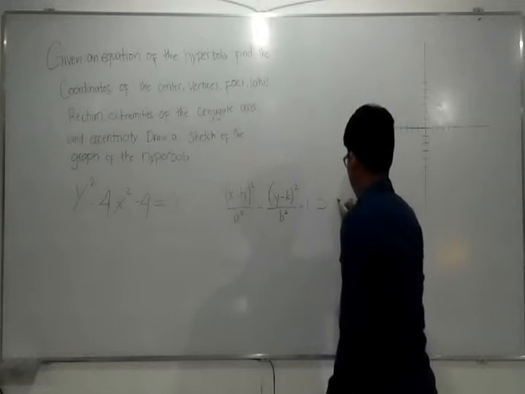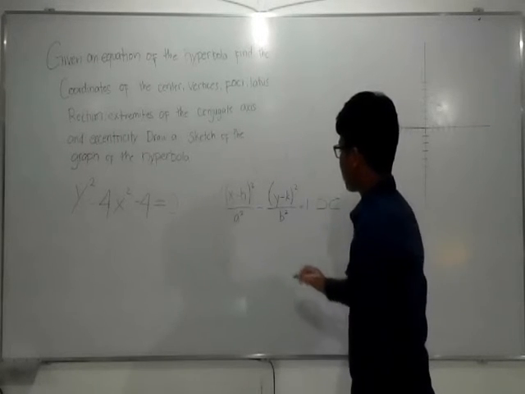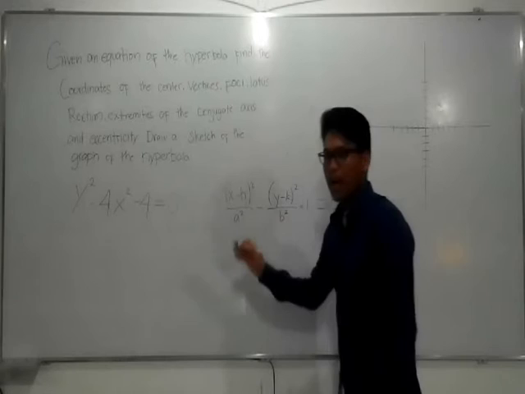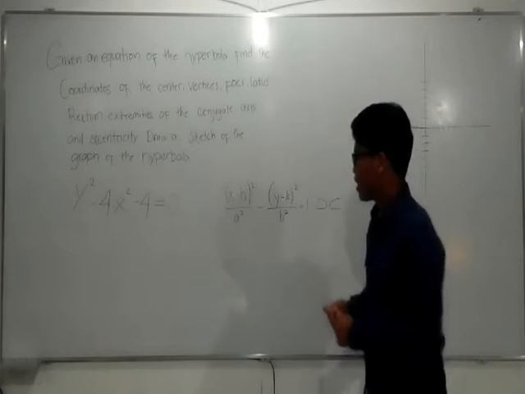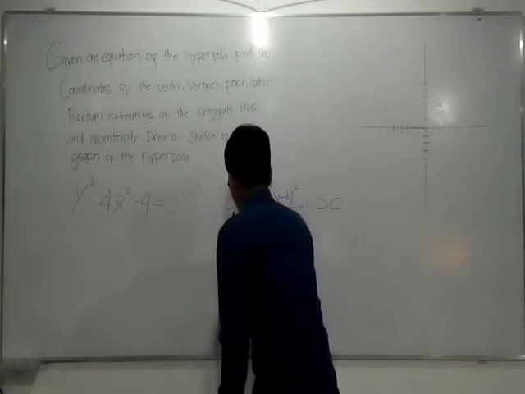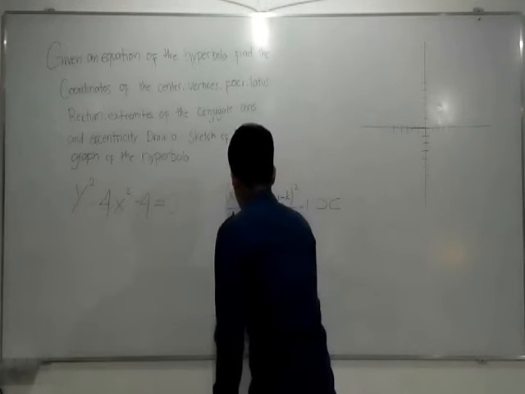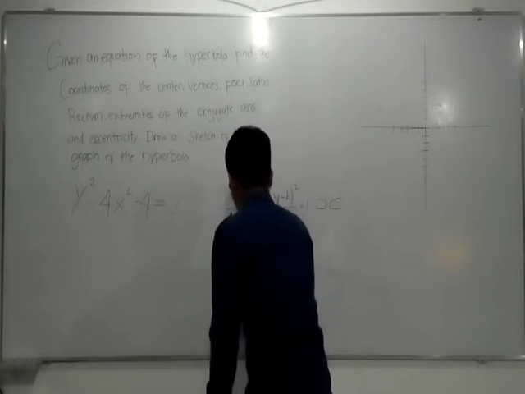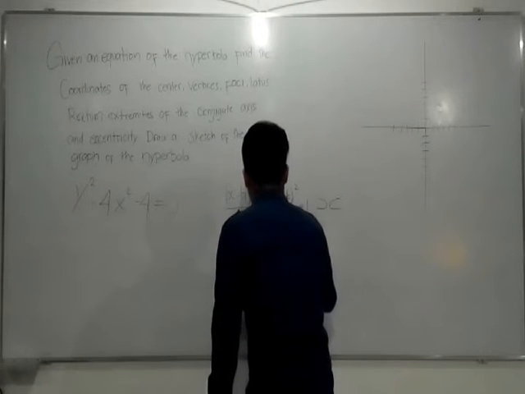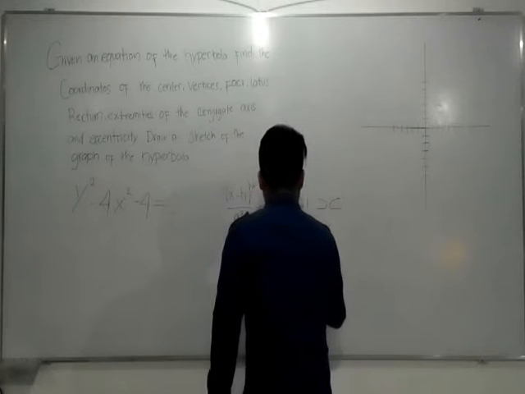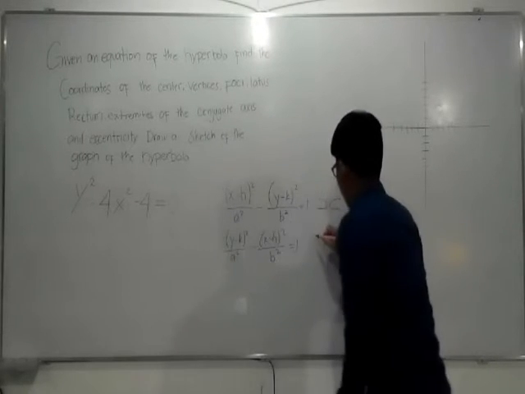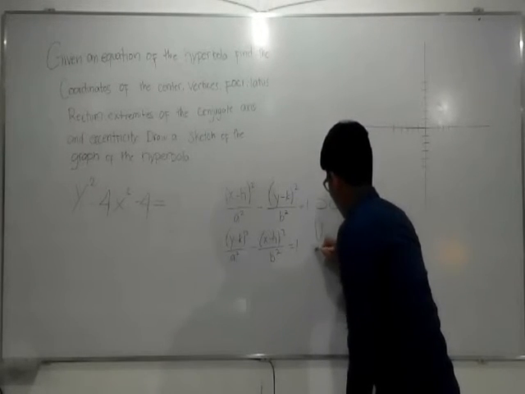We have another standard form, the second standard form, for the vertical hyperbola: (y minus k) squared over a squared minus (x minus h) squared over b squared equals 1. So this is for the vertical hyperbola.